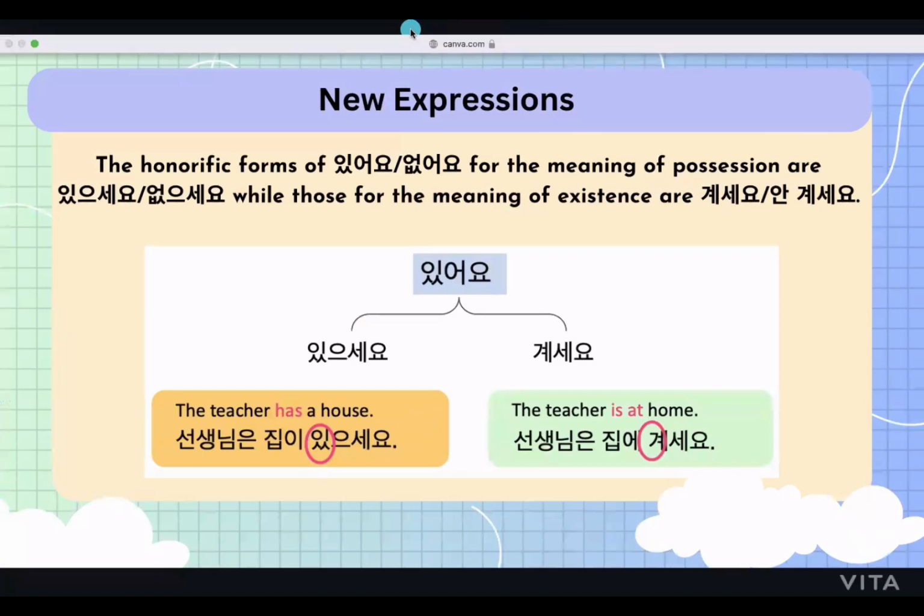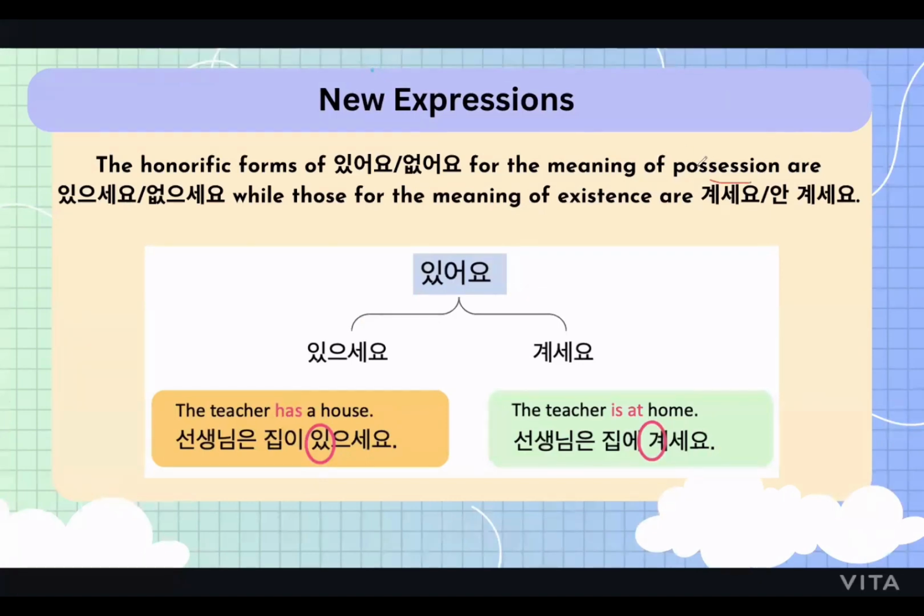The other one is existence. So please remember, 있어요 has two meanings. Possession, and the other one is existence. So here, 있으세요 and 계세요. 자, 선생님은 집이 있으세요. But 선생님은 집에 계세요.